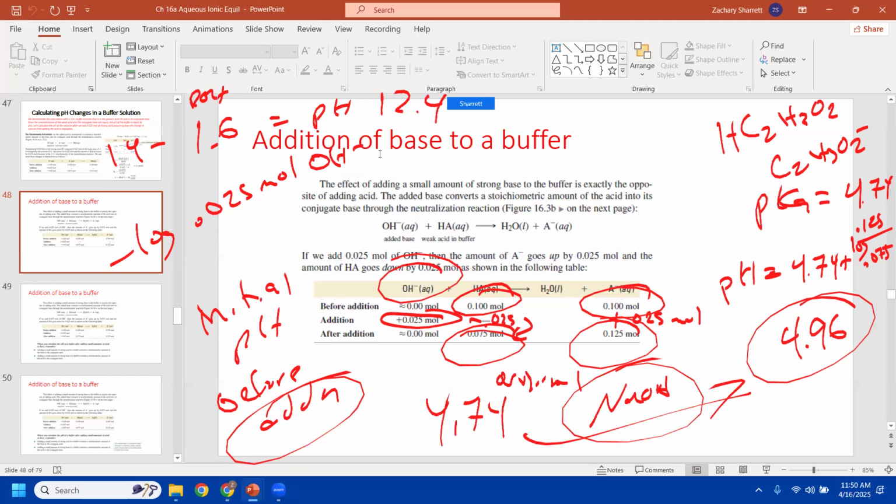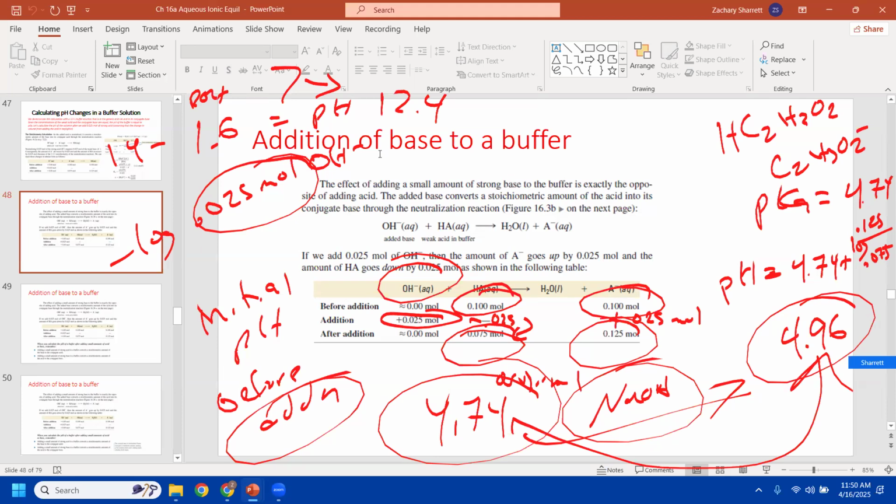If we use pure water, the pH with 0.025 moles of base added goes from 7 to 12.4. That's a change of 5.4. Is that significant? Yes. When we add it to a buffered system that starts at 4.74, it raises to 4.96, a change of 0.26. Are we seeing the effect of having a buffer?